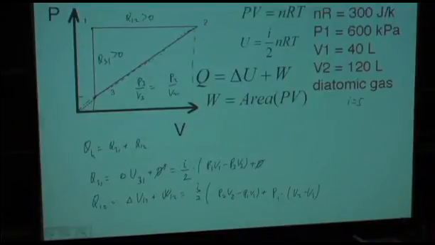Again, pure geometry. That equation gives you the third volume missing. You see, you know everything, and you can solve for everything. The area of this triangle gives you work.